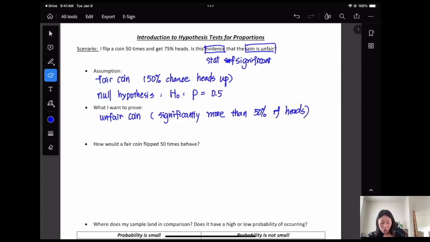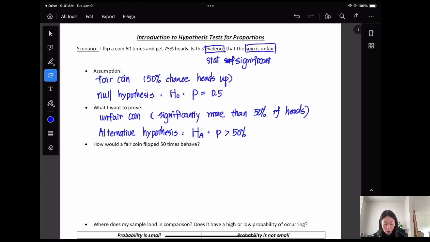This is called the alternative hypothesis. We use the notation H sub A: p is more than 0.5, since we're getting 75% heads up.